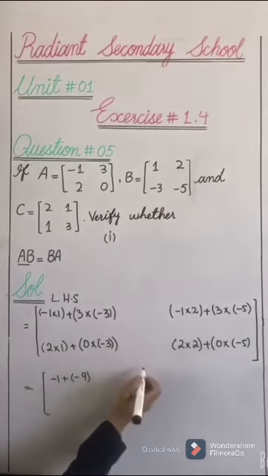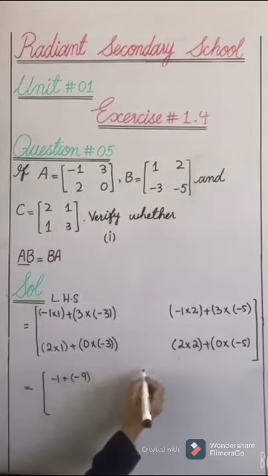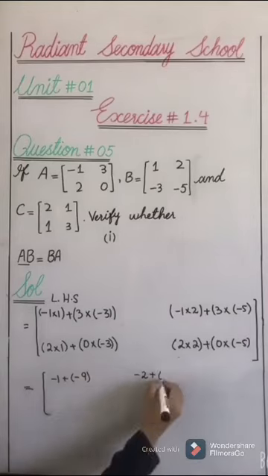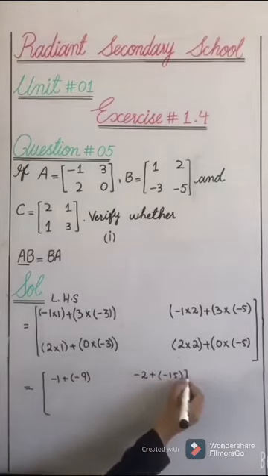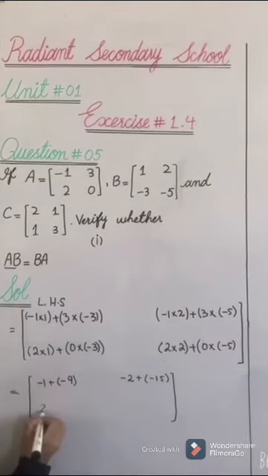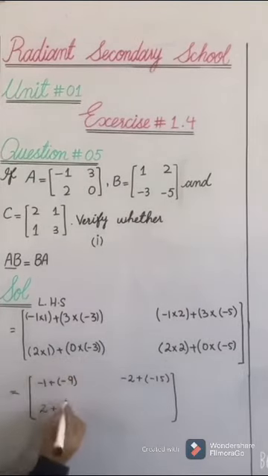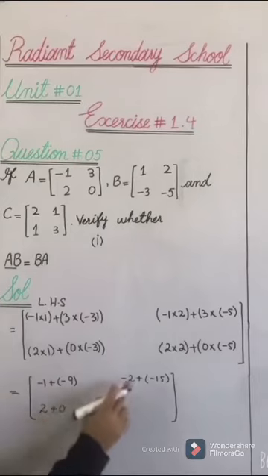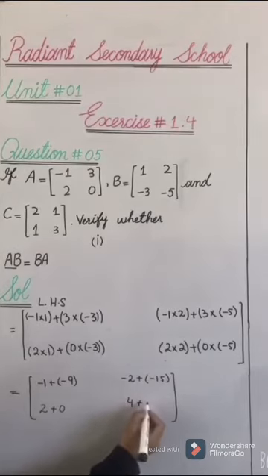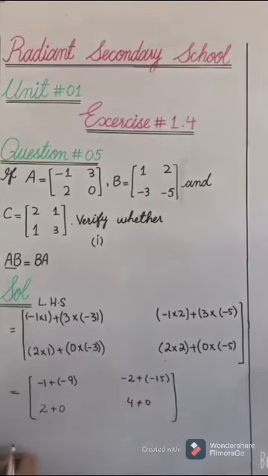Moving on to the next one, we have -1 multiplied by 2, which is equal to -2, plus 3 multiplied by -5, which is equal to -15. Close this bracket. Multiplying 2 with 1, we get 2 plus 0 multiplied by -3, which is equal to 0. Similarly, in the next entry, 2 multiplied by 2 is equal to 4 plus 0 multiplied by -5, which is equal to 0.